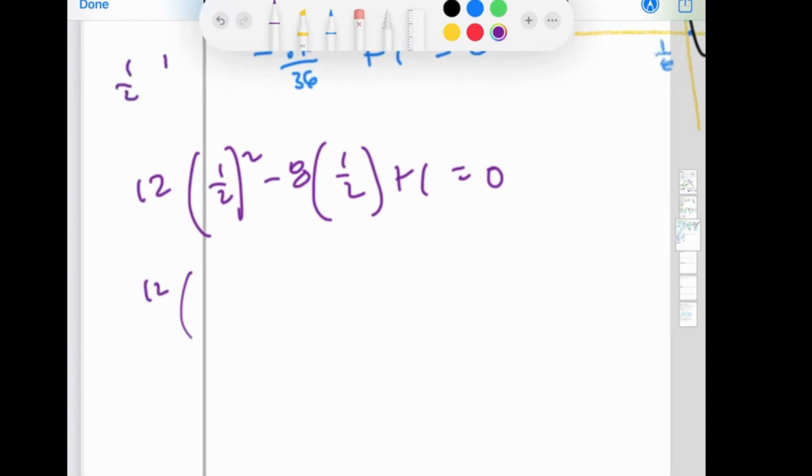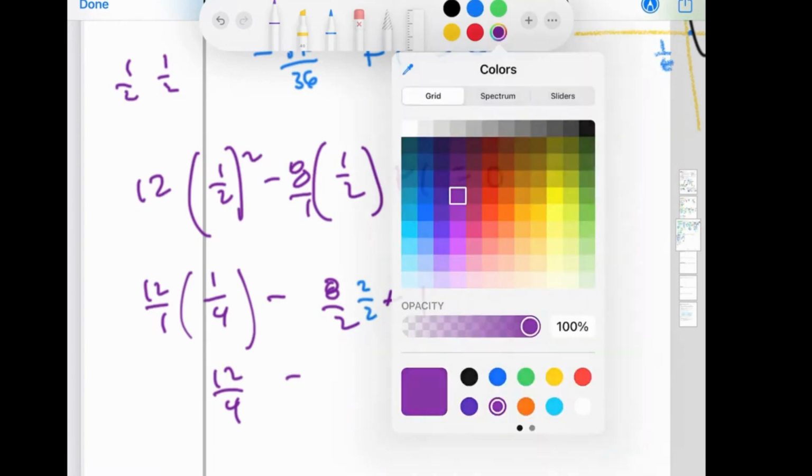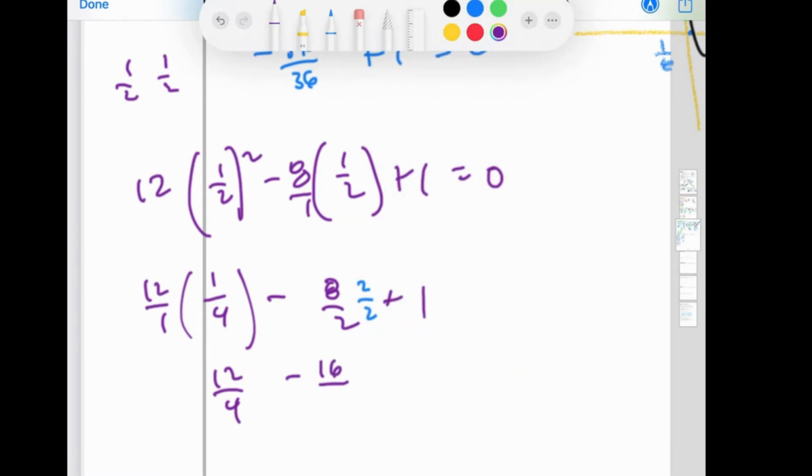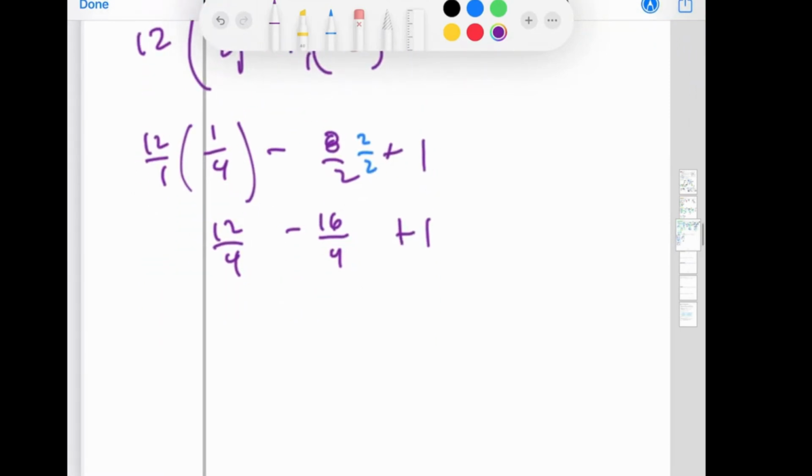So you just multiply across and you'll get 1/4 minus 8/2. Multiply across 12/4. This will give me negative 16/4. And that'll give me negative 4/4, which is negative 1. And negative 1 plus 1 equals 0.